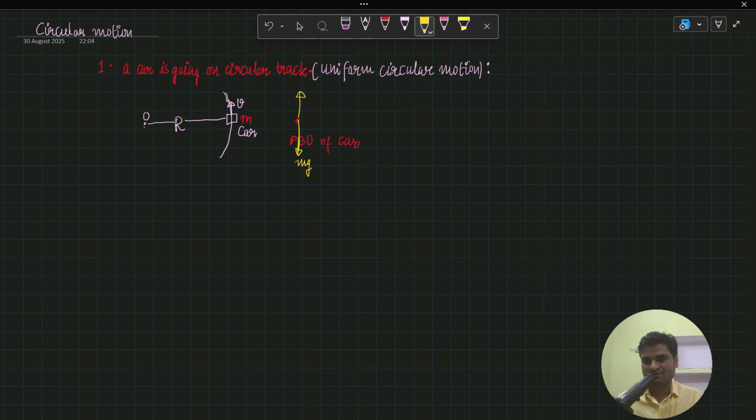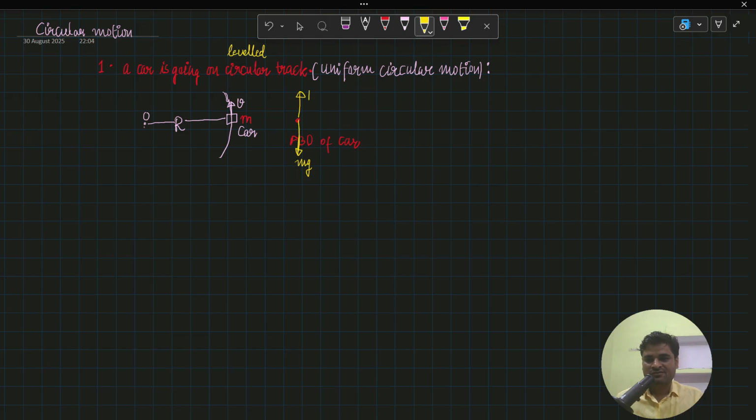This circular track is a level circular track, a plain circular track. Level means there is no inclination.